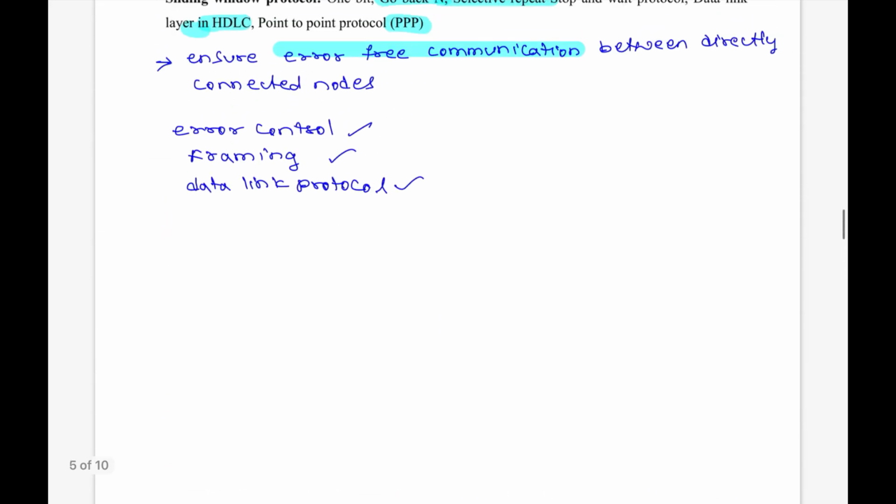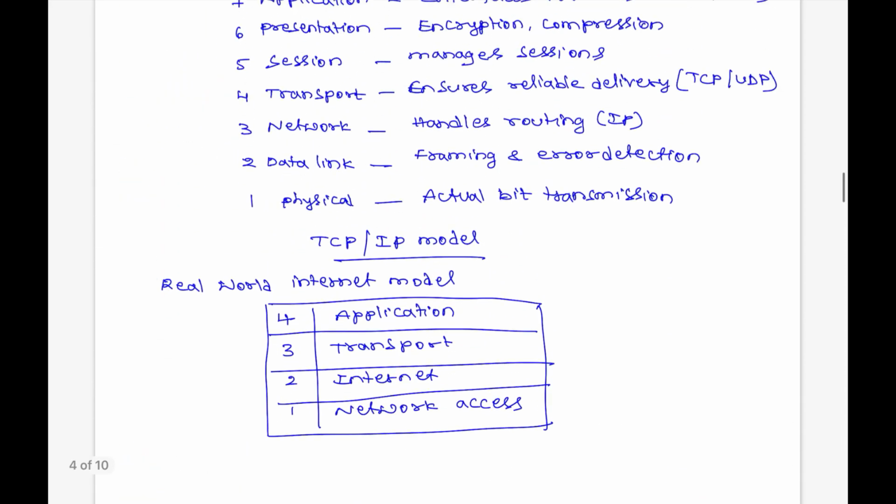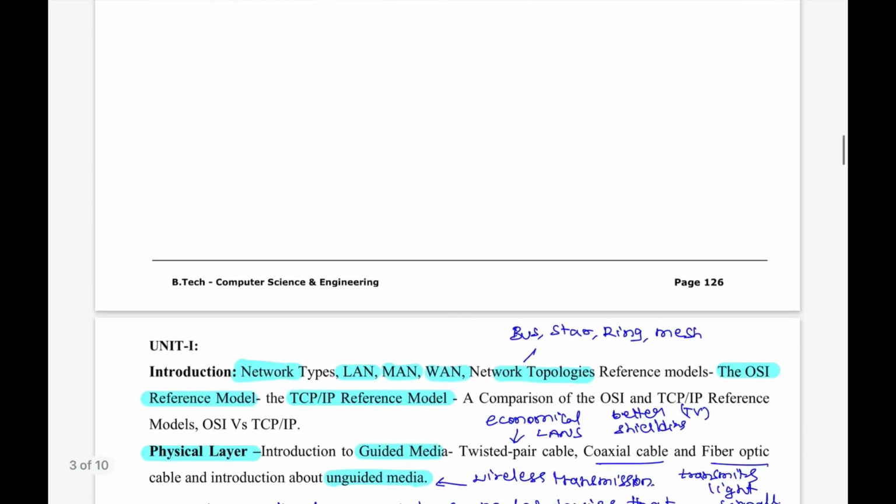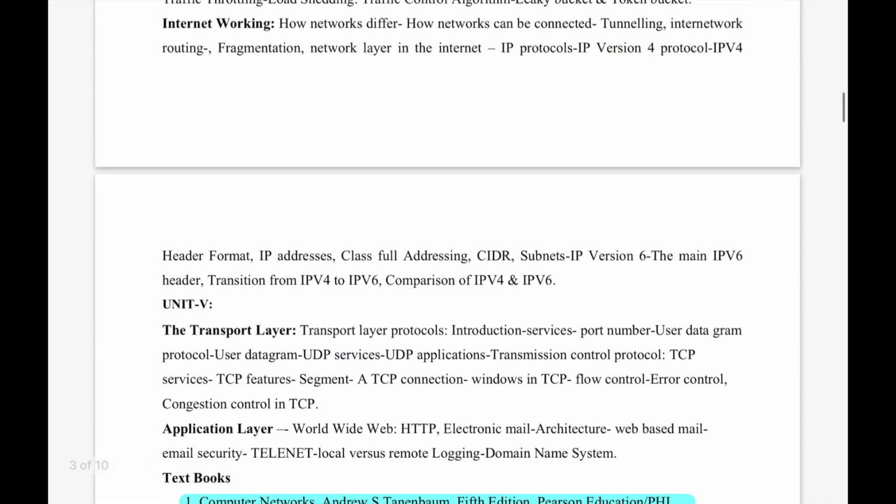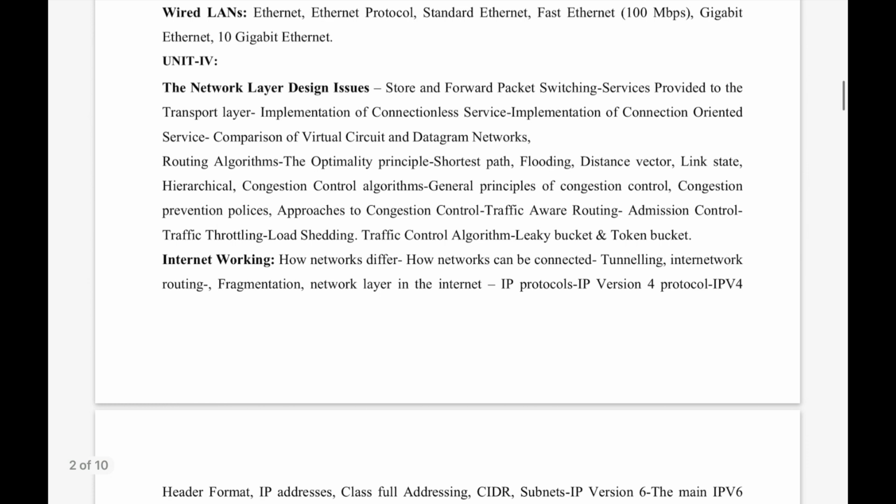Next, now we will try to go through Unit 4.